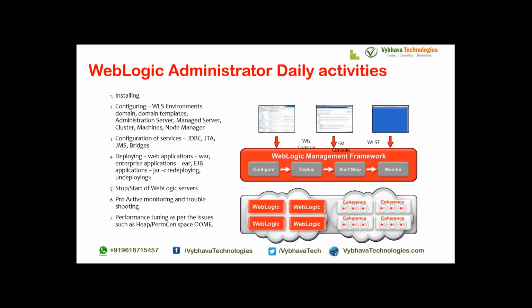It's a Python-based script used in WebLogic, and we can do all 4 activities with it. We can configure, deploy, start and stop the servers, and monitor the services and servers, everything from WLST. It goes beyond the WebLogic console capabilities: whatever you see on the console screen, we can do more than that from WLST Python scripts.